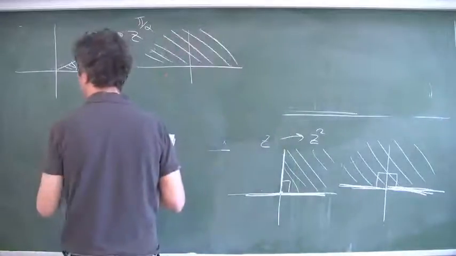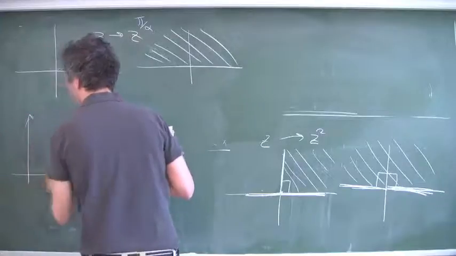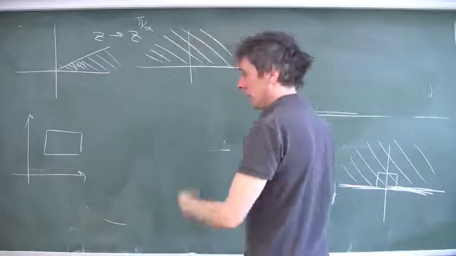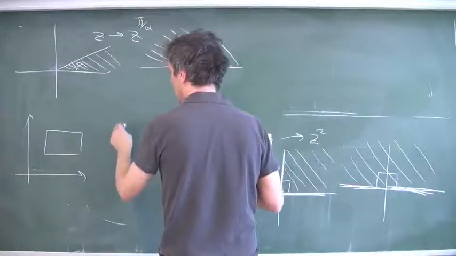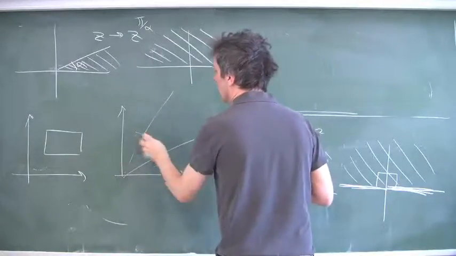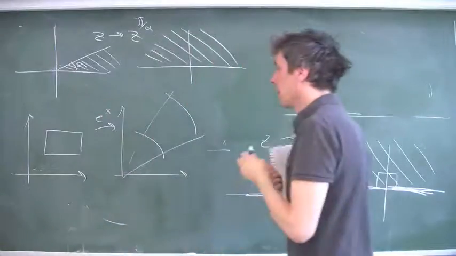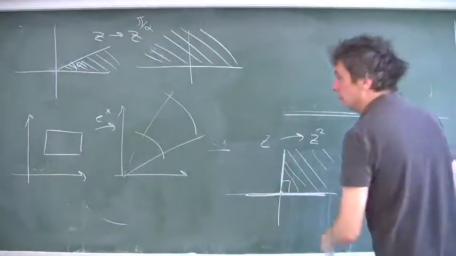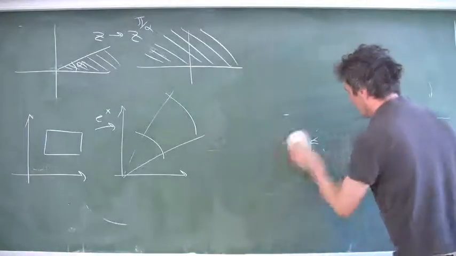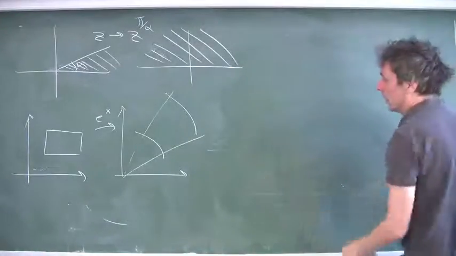If you, for example, take any rectangle in the plane here now, then you can map that onto a region of this form by using the exponential map. And there are lots and lots of others, and nobody knows them all, but the more you know, the better, so to speak.